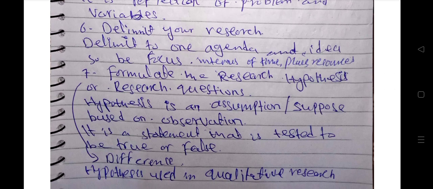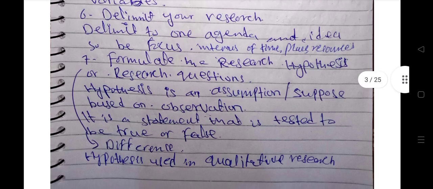And the sixth step is to delimit your research. As you know, there are vast topics, right? You have to move from general to specific, right? A general area, and then delimiting your topic to a very specific thing. So delimitation is there. And then you have to delimit your research to one agenda or one idea to attain focus, right? And the seventh step is to formulate the research hypothesis or research question.